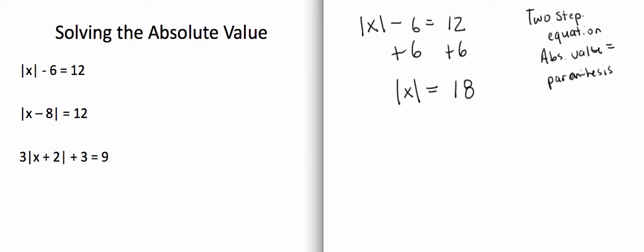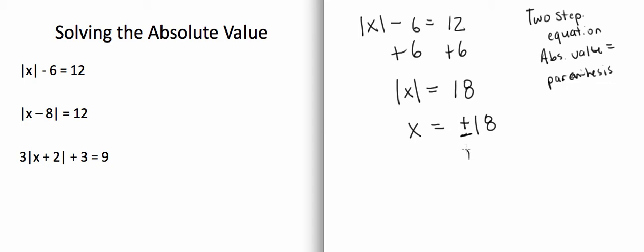Now, what values can give us an answer of 18? This is not a good enough answer because the x is not completely alone because of the absolute value signs. We need to write this so that the x is completely alone. We're getting rid of the absolute value sign. If we think about the previous slide, the absolute value of a number that could give us 18 would be +18 as well as -18.